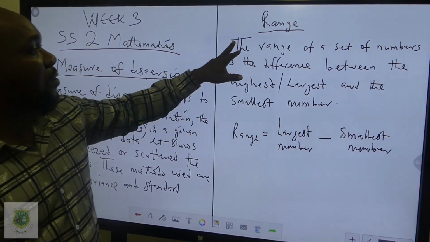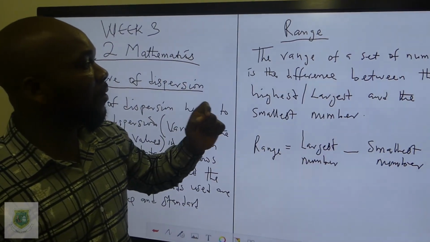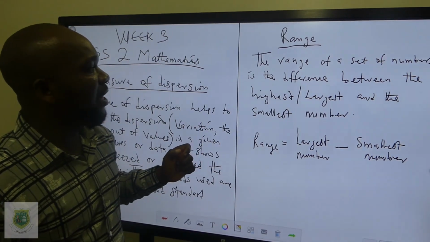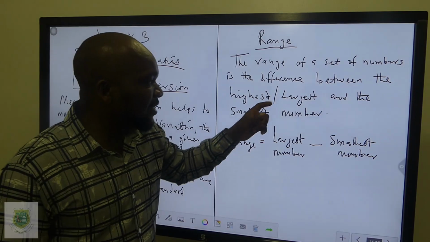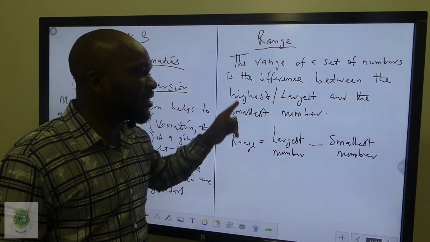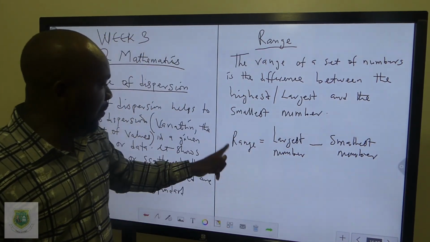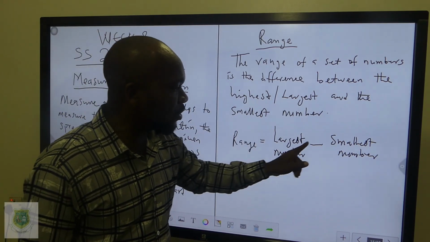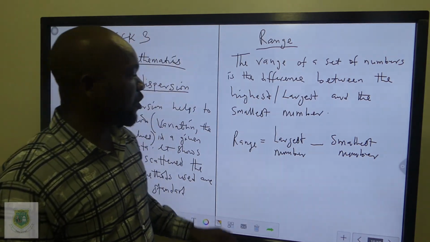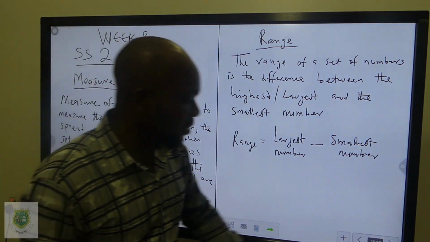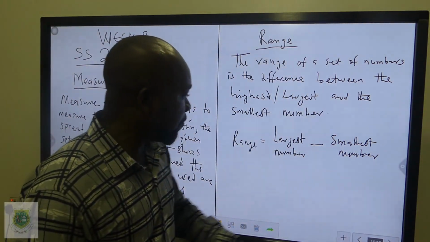So the range of a set of numbers is the difference between the highest, either you call it highest or largest, and the smallest number. Range is equal to largest number minus the smallest number. Whatever you have there is what we call the range. Let's move.